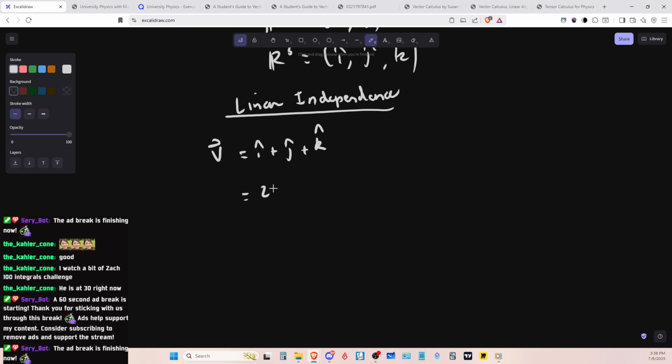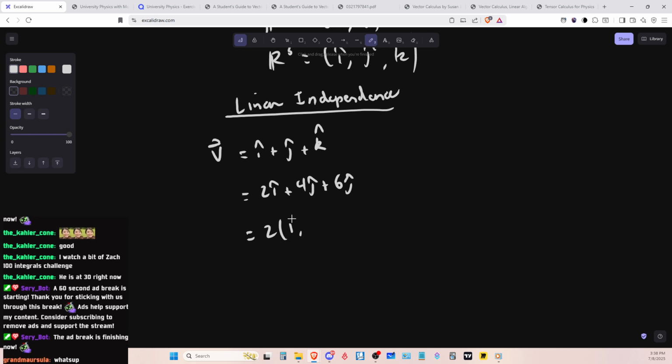But if you had something like this, you would say that this is linearly dependent because all of these can be divided by 2. So you would have something like i, and then 2j, and then k, and then 3k. So it's basically like that.